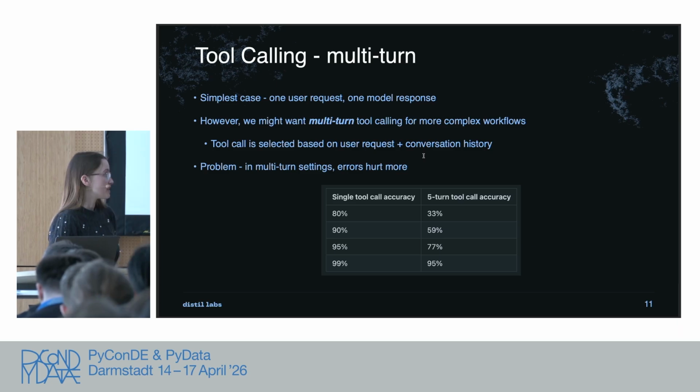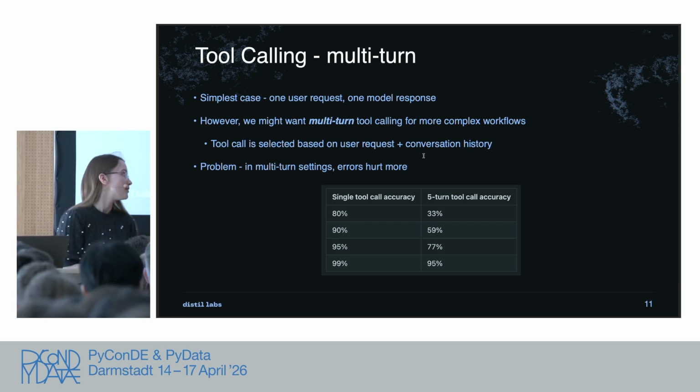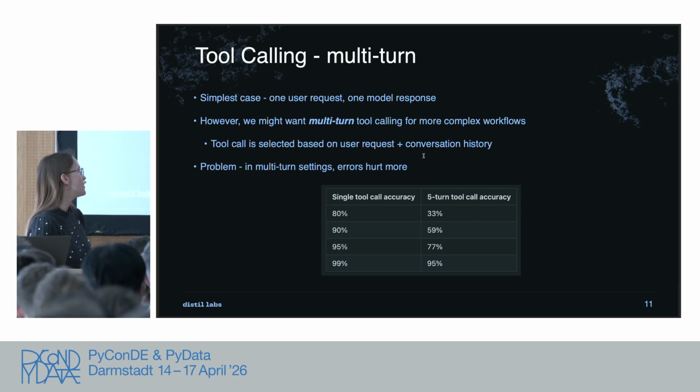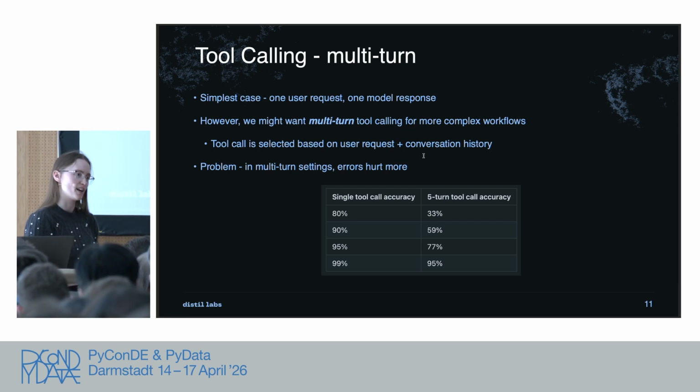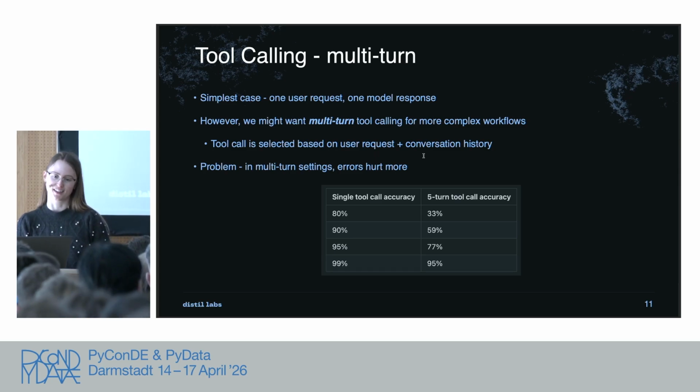But if it's multi-turn tool calling and you respond with 5 tool calls, and you make at least one mistake in the sequence of 5 tool calls, then almost a quarter of your workflows is incorrect. So getting it right is really important here.